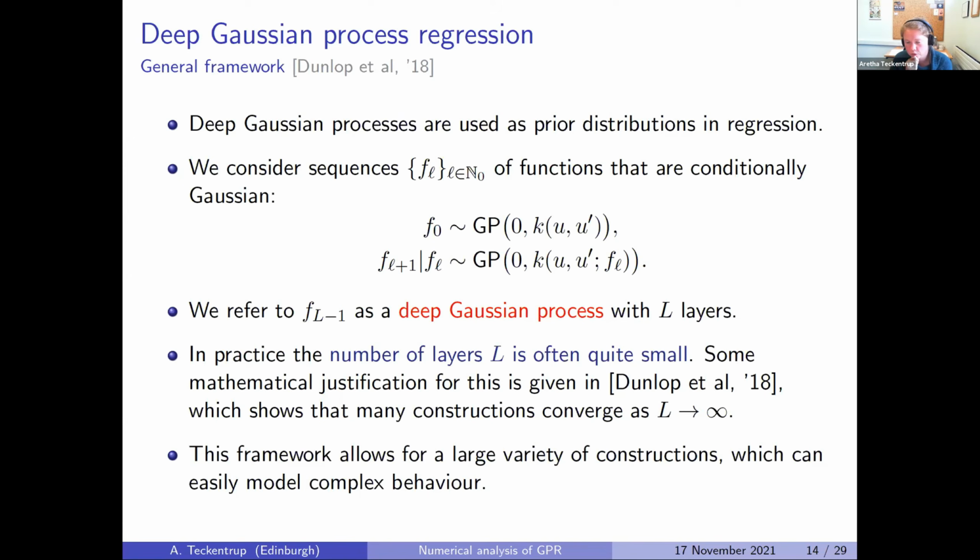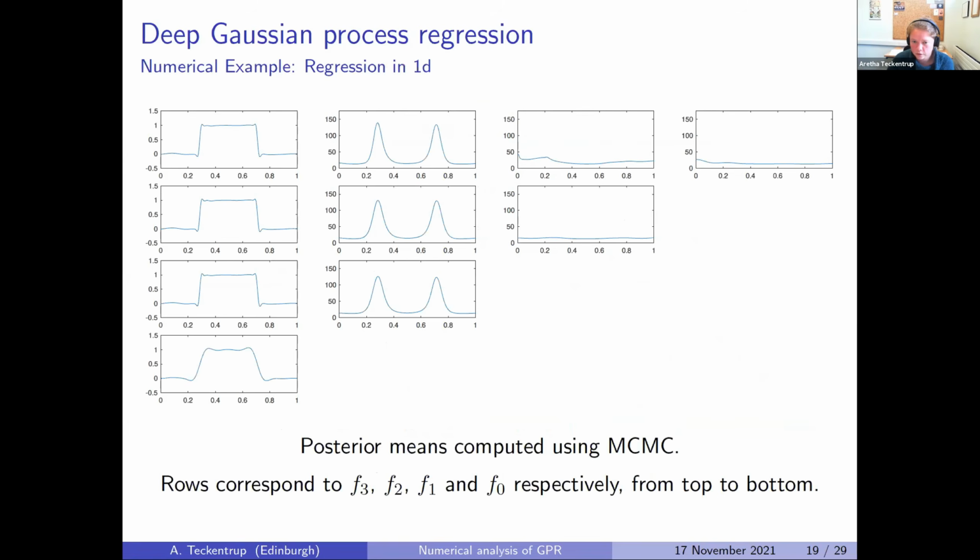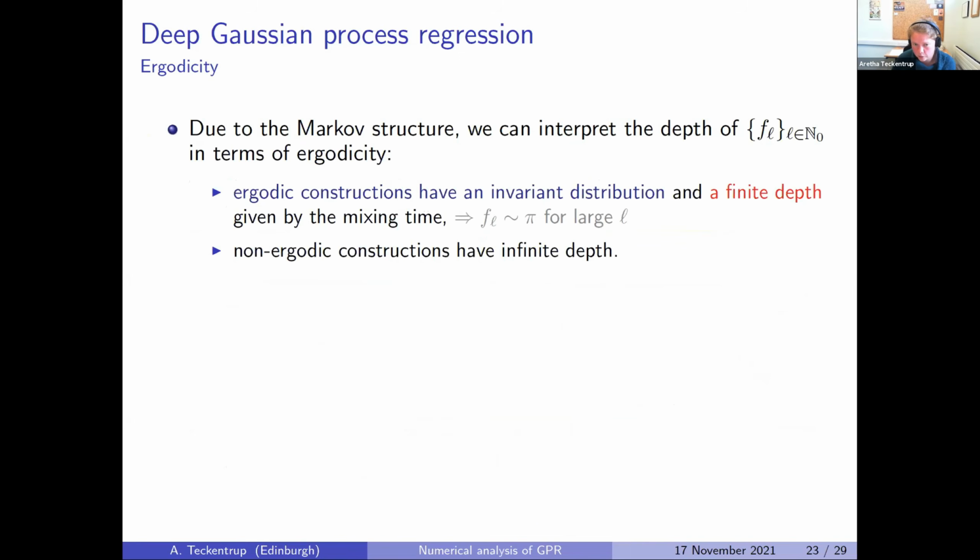So a Markov chain is just a stochastic process with exactly that kind of structure, that the current iterate only depends on the previous one. Right? So F_{L+1} only depends on F_L. It does not depend on F_{L-1} or F_{L-2} or anything like that. It just depends on the previous one. Right? So that then gives you a Markov chain.